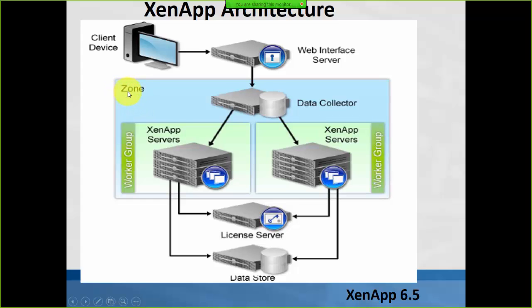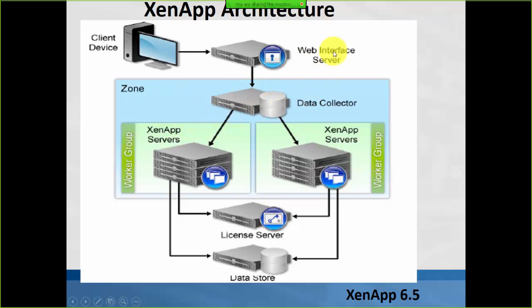Zone, I'm just going a bit brief here. Zone is just like in Microsoft environment we have sites. So zone is geographically separate locations. A campus or a data center where a collection of servers are there will be called one zone. So one zone could be a data center in downtown, the other zone could be the data center in Hamilton, a third data center is somewhere else, so a physical area where all the farm is located would be called a zone.